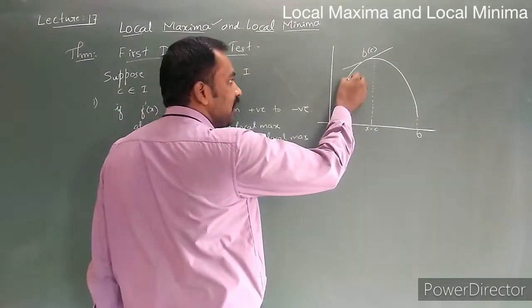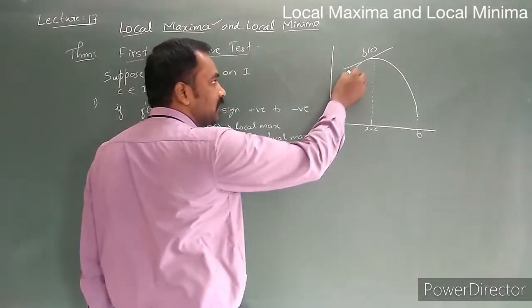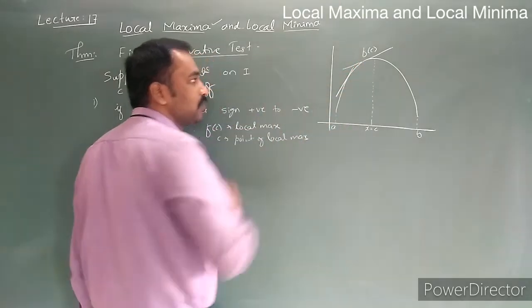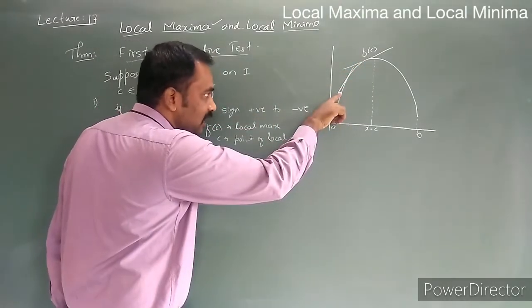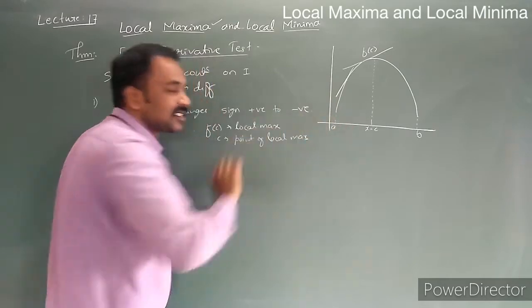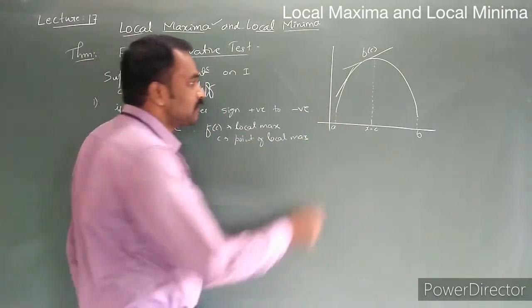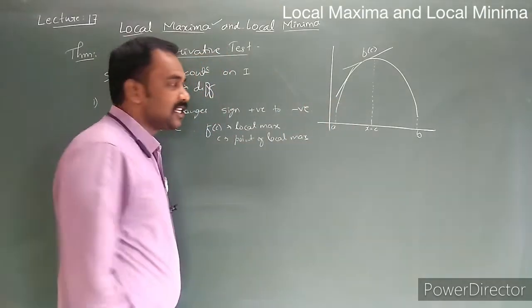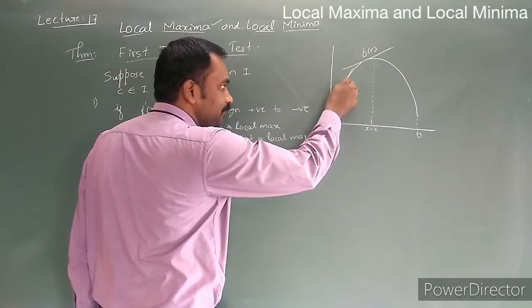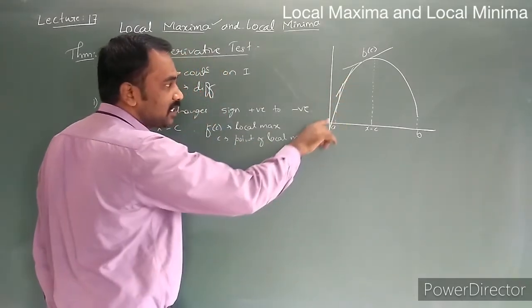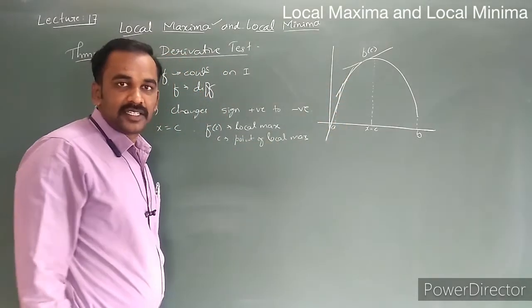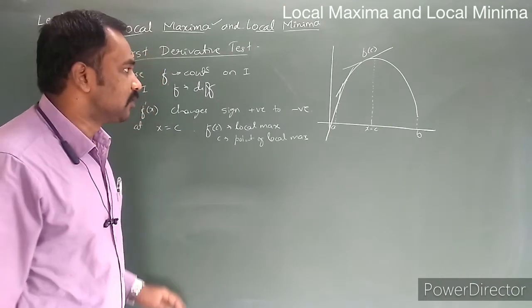Clear? Suppose you draw a tangent at this point. What is the angle between the tangent and the x-axis? Acute angle, positive slope. Suppose you draw a tangent here. This is the tangent, acute angle. Yes, it has a positive slope.